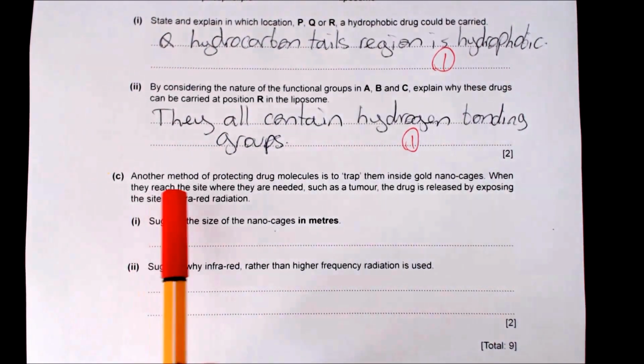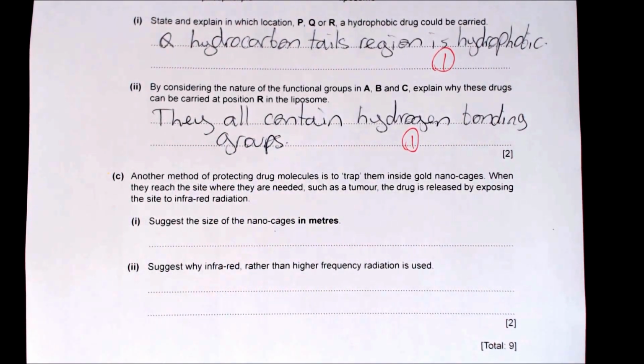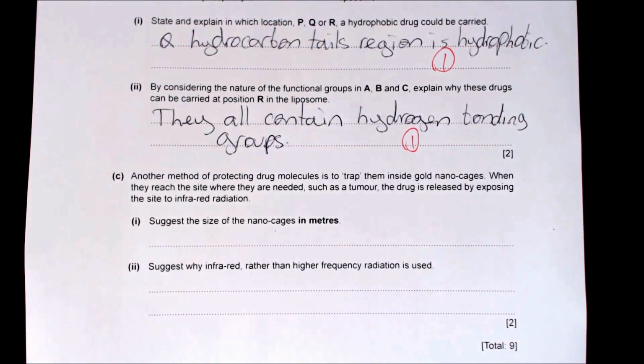Okay, it says another method of protecting drug molecules is to trap them inside gold nano cages. Very posh. It says when they reach the site where they are needed, such as a tumor, the drug is released by exposing the site to infrared radiation. And it says part 1 suggests the size of the nano cages in meters. Nano really is 1 × 10⁻⁹.